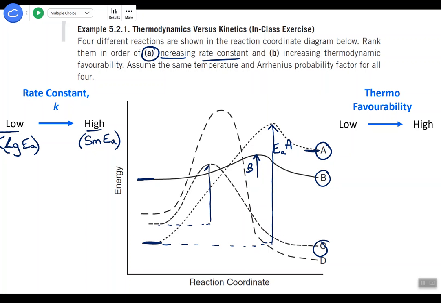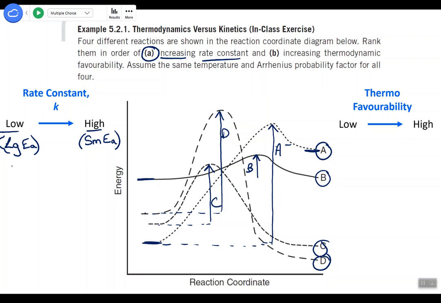Here's the activation energy for C. And then for D, the biggest dashed line, we go across and we can draw out that activation line for D. So I have A, B, C, and D, and I need to order them from largest activation energy to smallest activation energy.